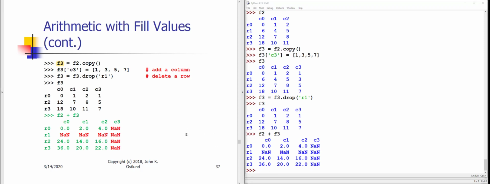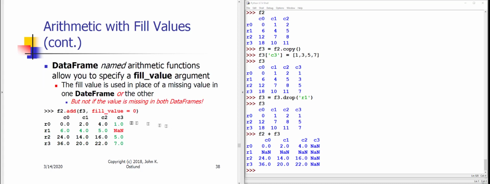Now, sometimes you would like to be able to use a default value or a sort of fill value in case a number is missing from one data frame but not the other. For example, maybe I just want to say, all right, look, if a number is missing, then let's just assume that the missing value is equivalent to 0.